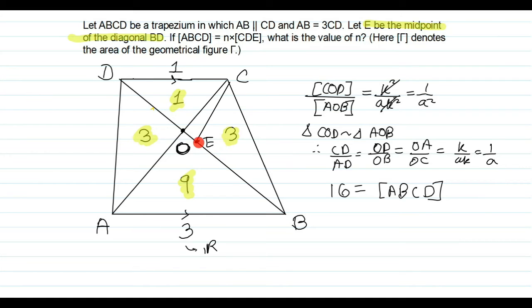So here the bases DE and EB are divided in the ratio 1 is to 1, since E is the midpoint. So the areas of triangles CED and CEB would also be in the ratio 1 is to 1.